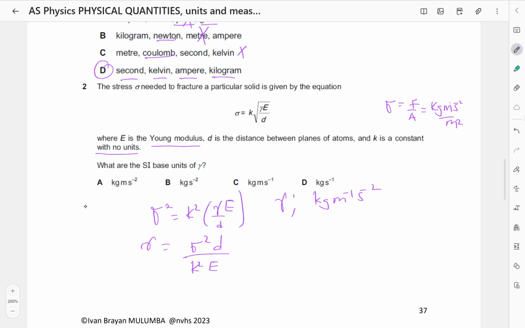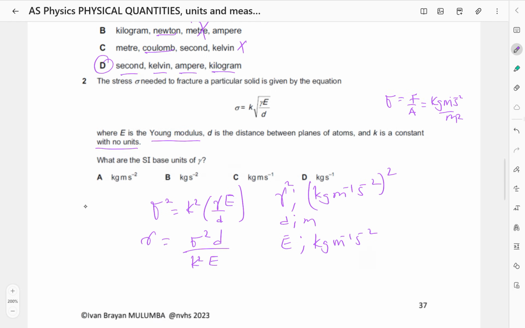That is for stress, but remember it is squared, so I'm going to square it. Then D is in meters. E is the Young modulus. Young modulus is stress over strain, and strain has no units, so Young modulus has the same units as stress, kilogram per meter per second squared.